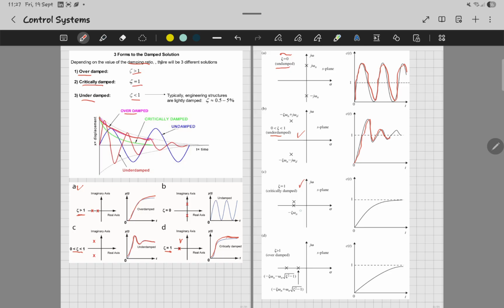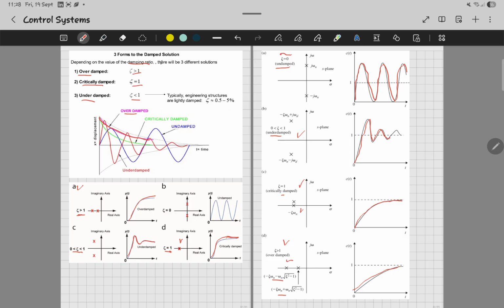This is for the critically damped. You will get the pole like this, and also the system response like this. And here it's overdamped, and here is the formula that you can use to solve for it. And this is the S-plane. This is what you're going to get for your overdamped system response.